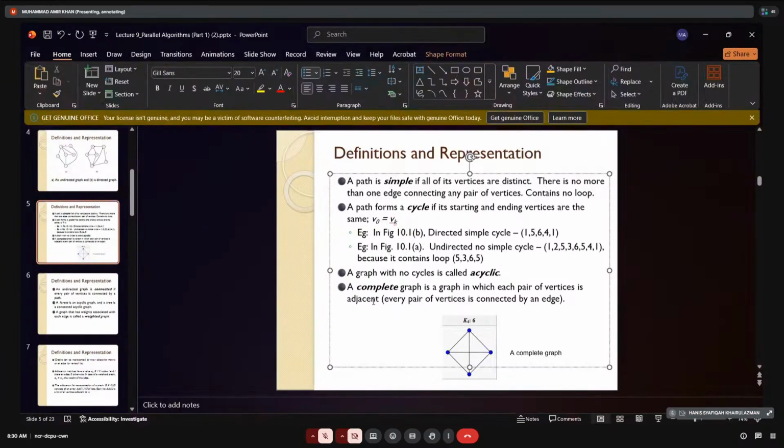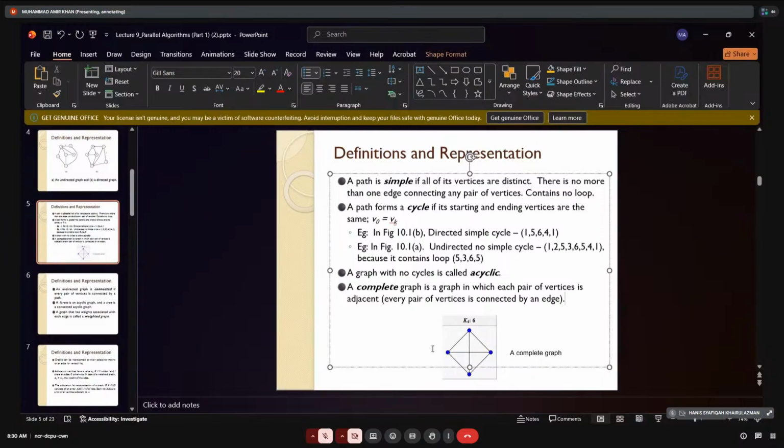Okay, and a complete graph is a graph in which each pair of vertices is adjacent. Like here, below is the complete graph, because each and every pair of vertices is adjacent. It means that every pair of vertices is connected by an edge.